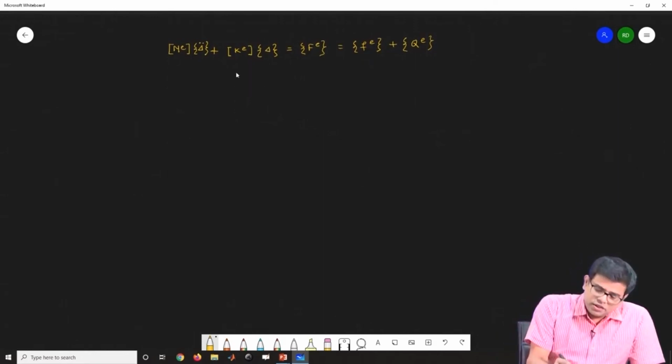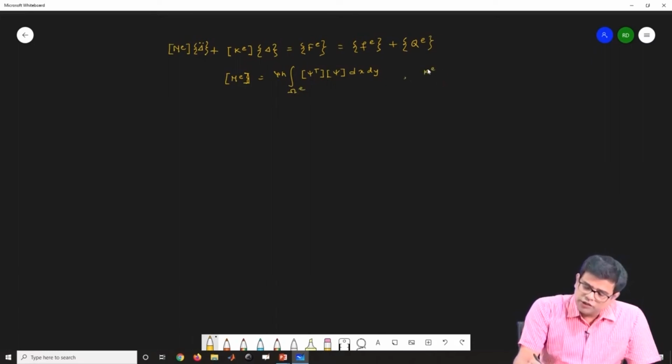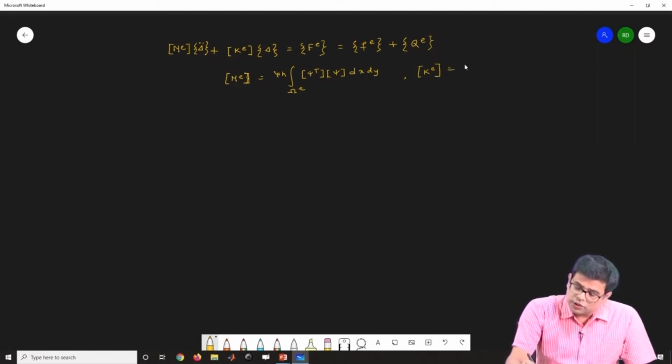Now, we also know what Me is. Me is the integral of rho h psi transpose psi dx dy, where psi is the matrix which contains the shape functions. K we derived in the last class: that is h into integral over omega e of B transpose C B, where B is the strain displacement matrix and C is the constitutive matrix.